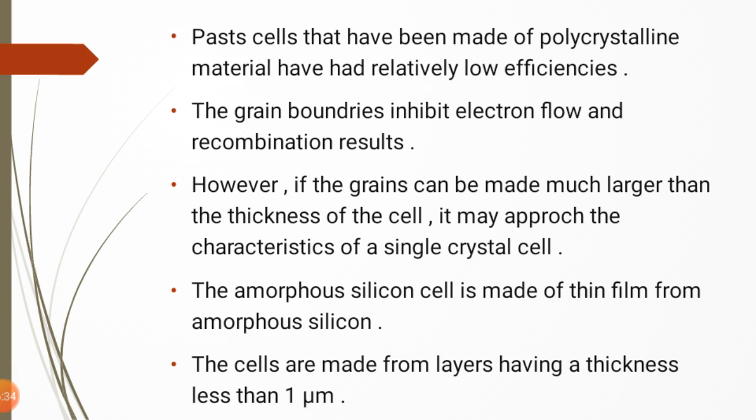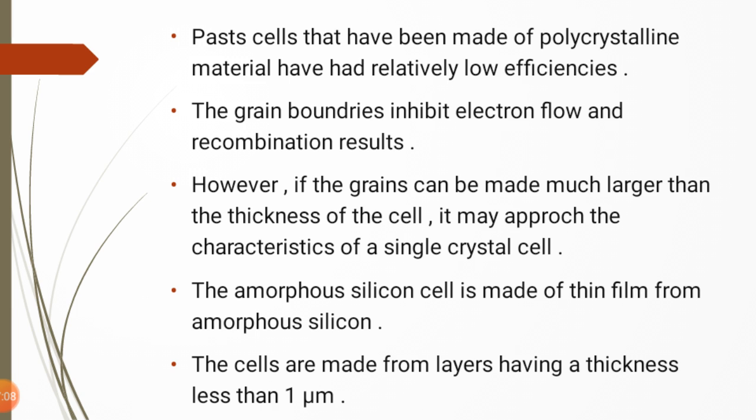So when we consider the single crystalline solar cell, there is no grain boundary, so the electron can flow easily, so there is more electricity generation. And if we consider the polycrystalline material, there are different grains of the same material, but there are a number of grain boundaries, and these grain boundaries act as an obstacle for the flow of electrons.